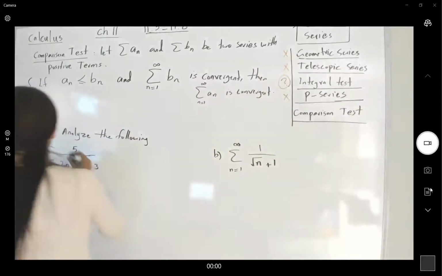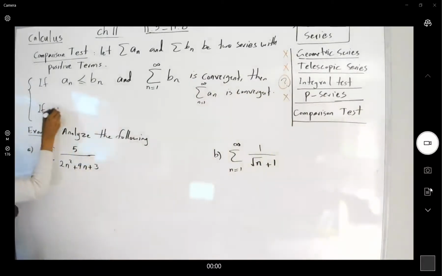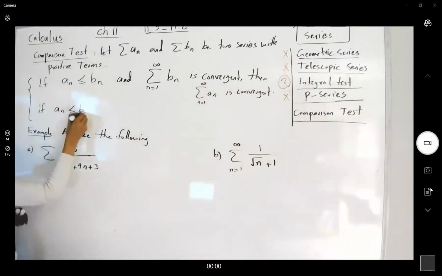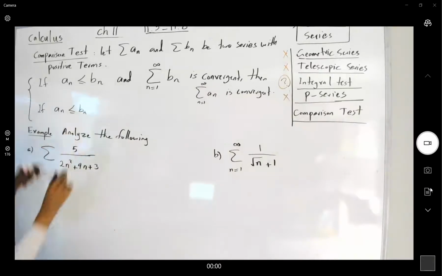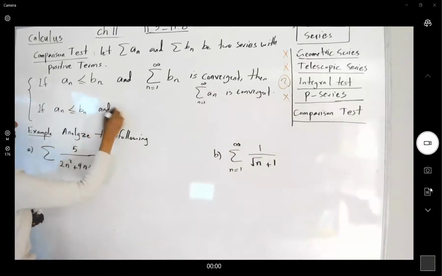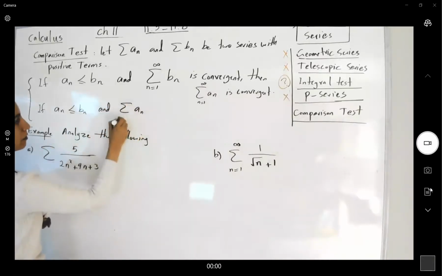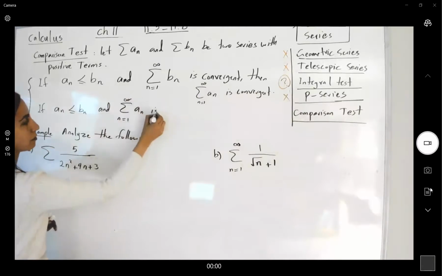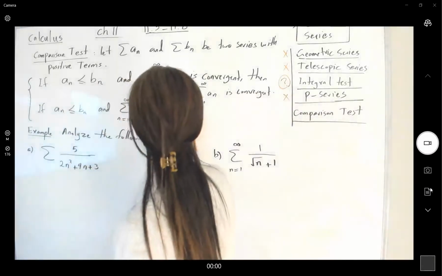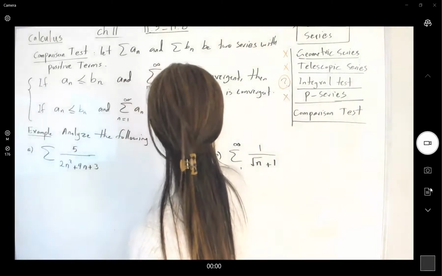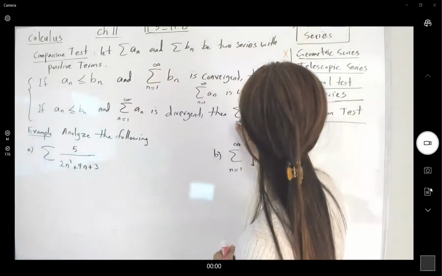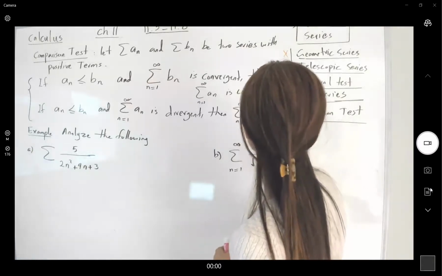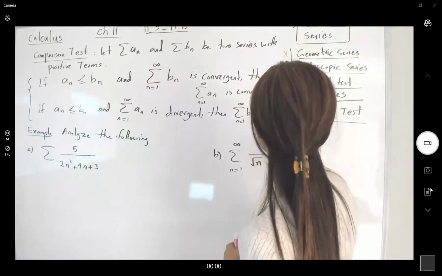If AN is less than or equal to BN and the smaller series is divergent, then the larger series is divergent.